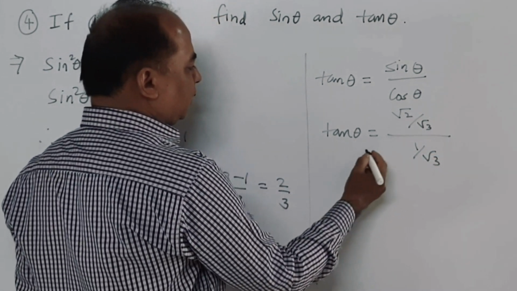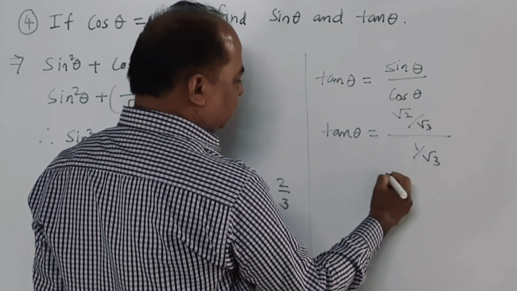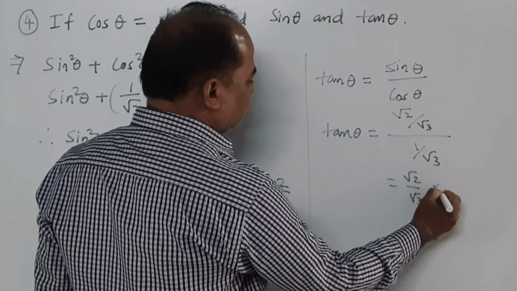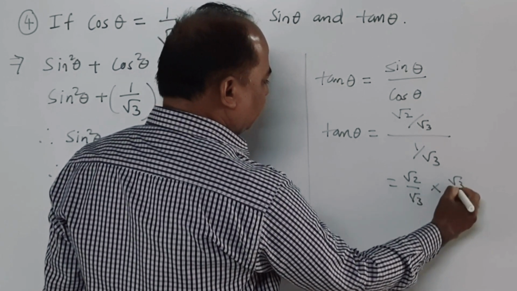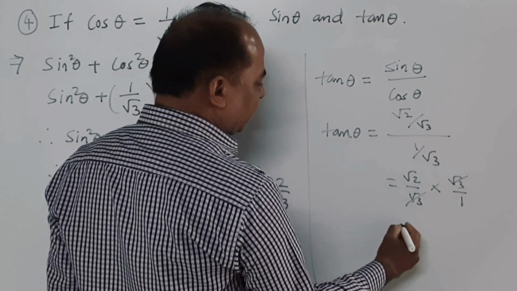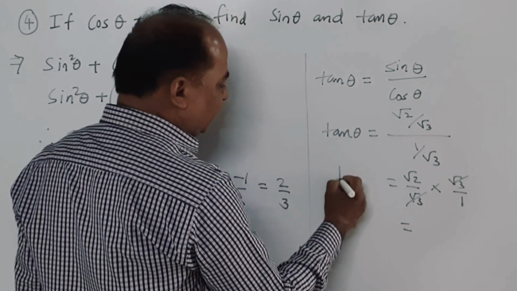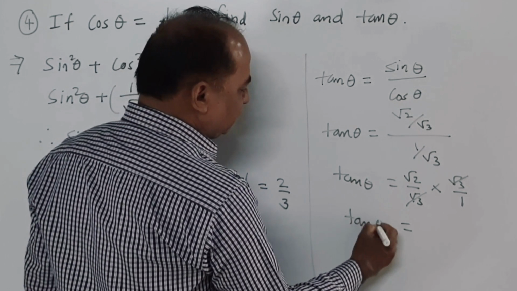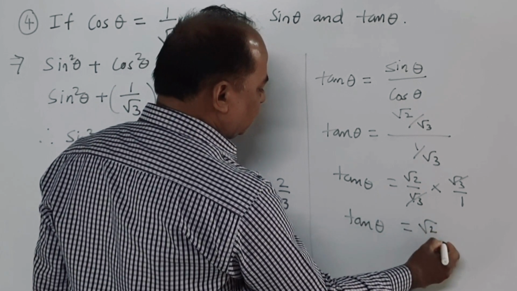So it is equal to 2 upon root 3 into root 3 upon 1, taking the reciprocal. Root 3 will get cancelled. So tan theta will be equal to root 2.